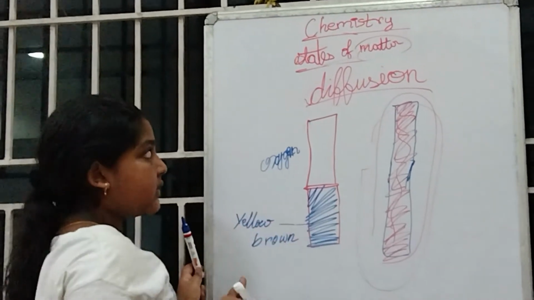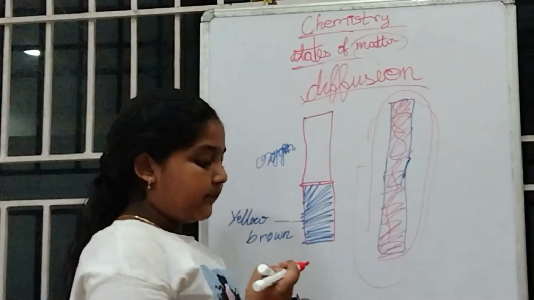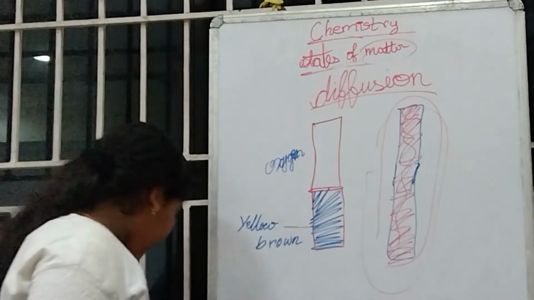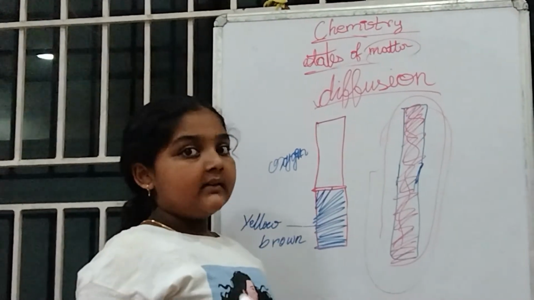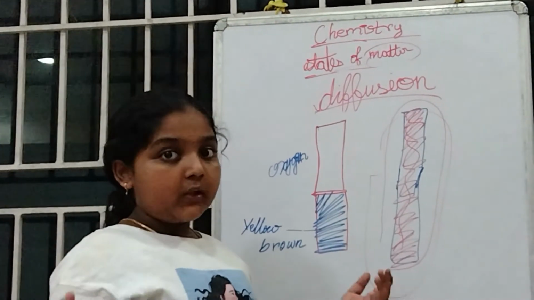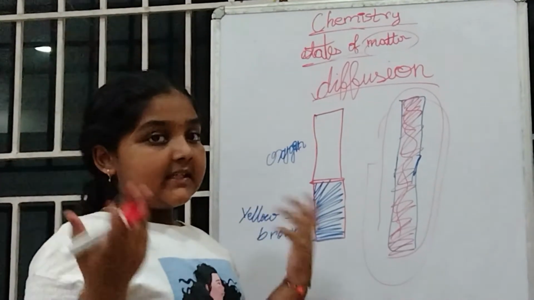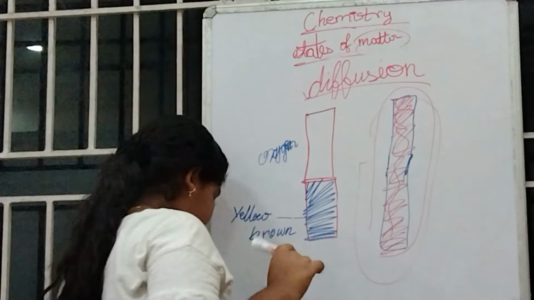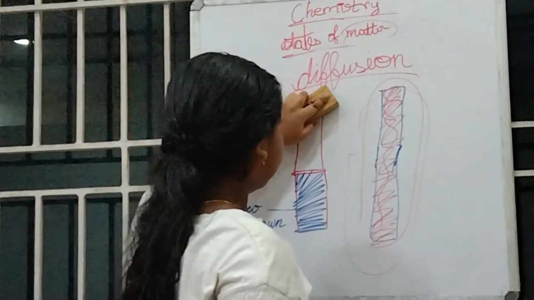This is also an example of diffusion in gas. For example, we don't know how to classify the air we breathe. There are many gases around us. We can't classify which gas is which because we can't see them, but we can feel them. This is the concept of diffusion.